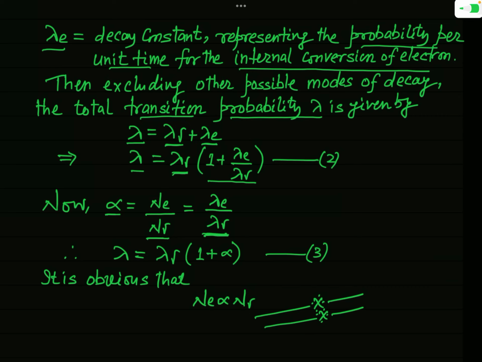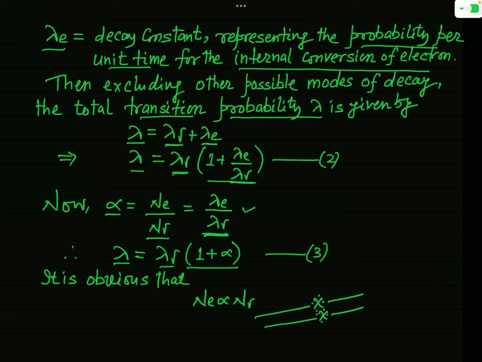You can also define alpha in this manner: the ratio of the probability per unit time for the internal conversion to the probability per unit time for the gamma decay. As alpha is lambda E by lambda gamma, you can substitute alpha in equation 2 in place of lambda E by lambda gamma. So lambda will be equal to lambda gamma times 1 plus alpha.